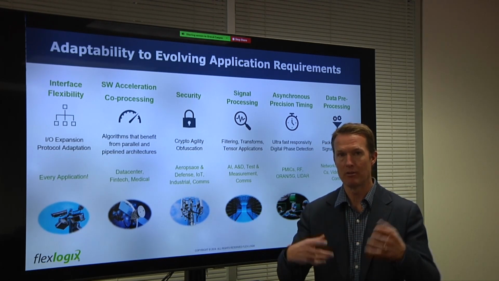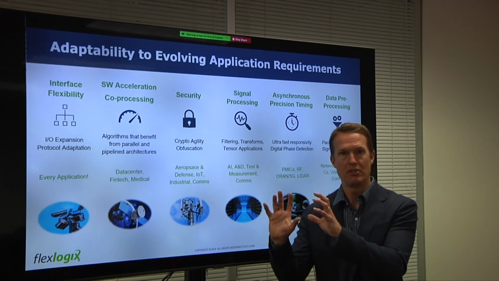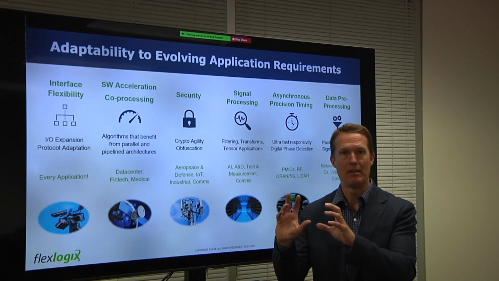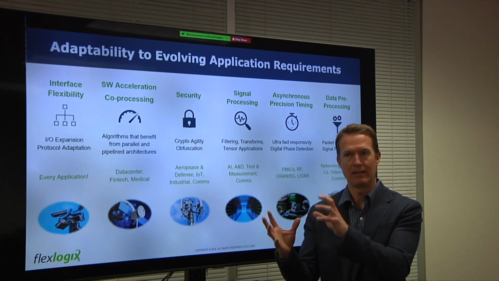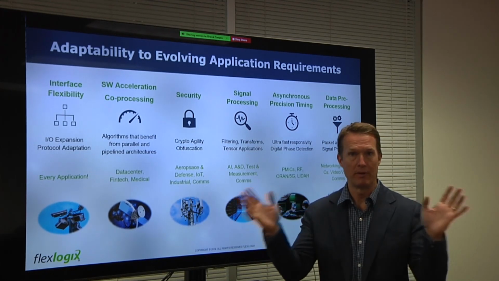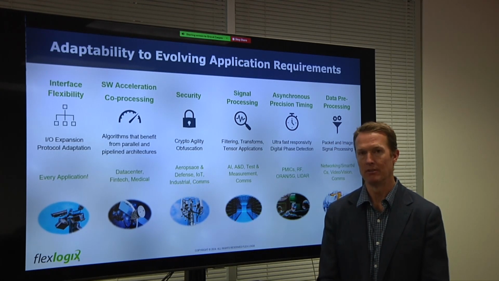So having that algorithm diversity, think about a programmable piece of logic in here where you can change that personality of that logic every time that new packet comes in and that processing changes. That's the most efficient utilization of that time and processing window to get that data in and out and rerouted or processed in the way it needs to be. So having that adaptability is critical in those environments.